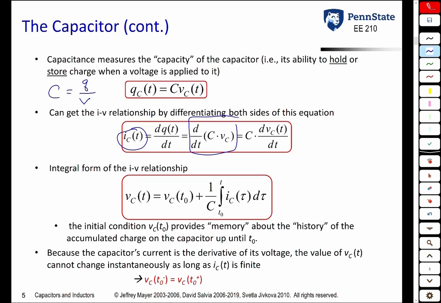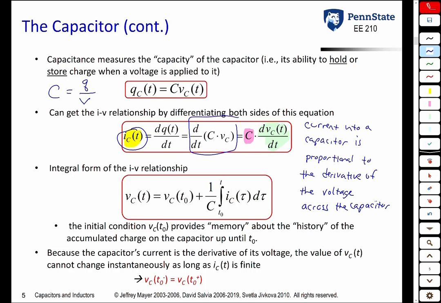Since the capacitance is just a constant, we get that the current is the capacitance times the derivative of the voltage. And this is what we talked about earlier. The current through the capacitor is proportional to the derivative of the voltage. Very, very different than with resistors, where the current is proportional to the voltage itself.